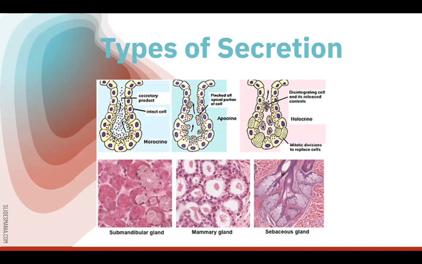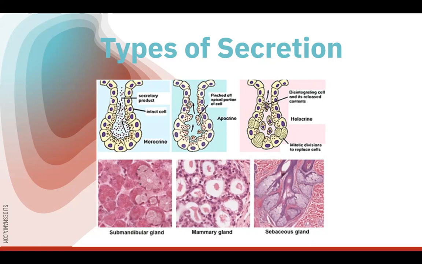So where the merocrine glands release the secretory product through exocytosis as it is being produced, holocrine holds it in until it ruptures. Then there are the apocrine glands. They are present in other animals, but we don't know yet whether they are present in humans.